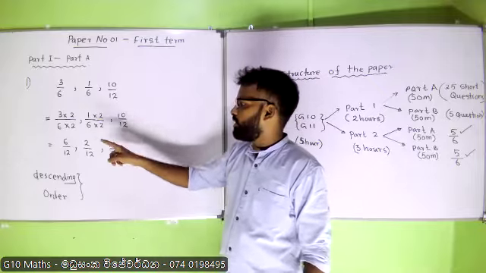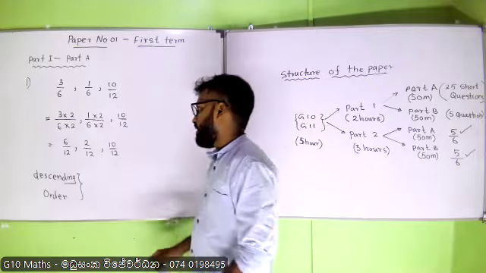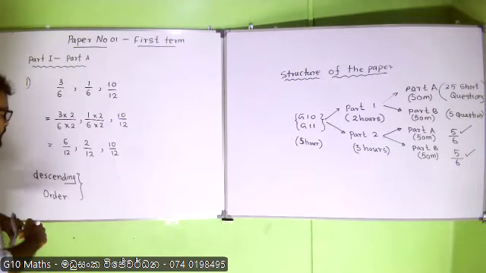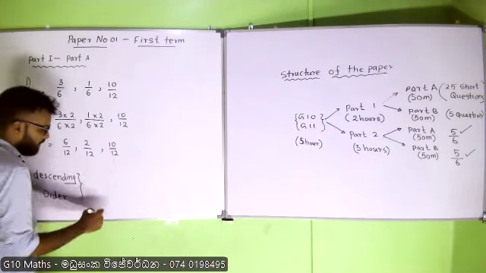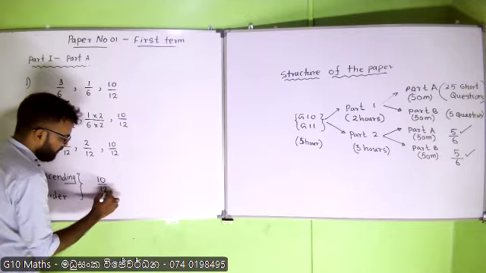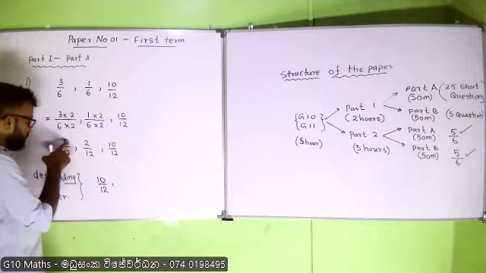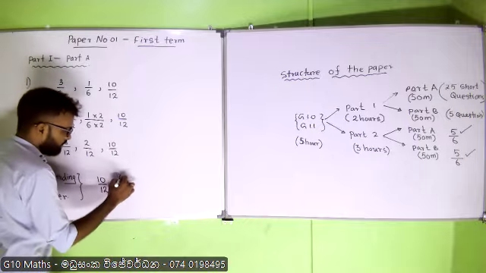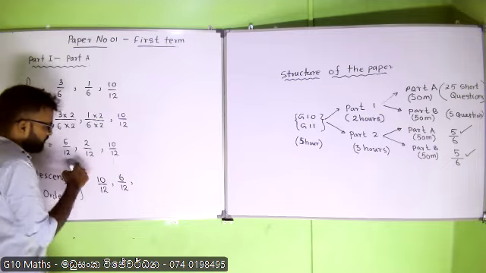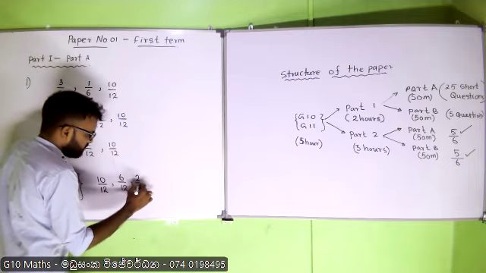By looking at 6, 2, and 10, what is the biggest? The biggest is 10. That means 10 upon 12 should be the biggest one. Then the next is 6 upon 12. Now this one, 2 upon 12, is the smallest one.